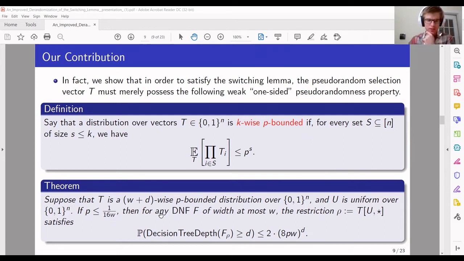If all that is the case, then for any DNF of width w, this restriction defined by our pseudorandom selection vector t and truly random assignment u satisfies the switching lemma in this sense. We get this probability bound that the decision tree depth of the restricted function being larger than d is at most this quantity.